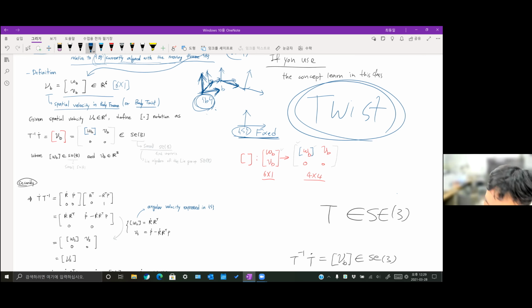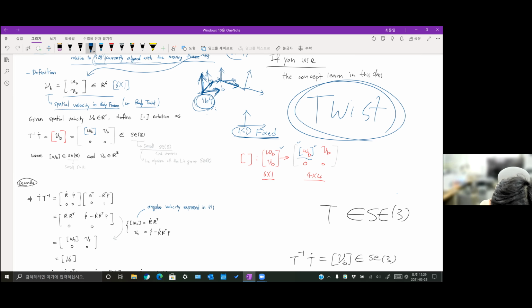When you understand this bracket symbol, you can recognize that these three brackets have different meanings.